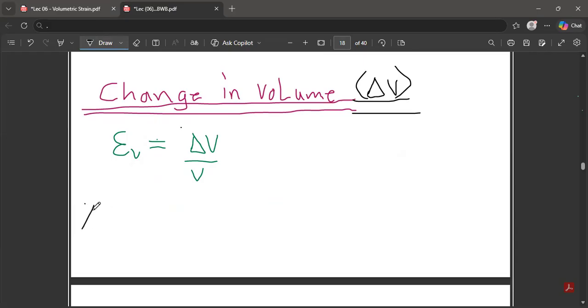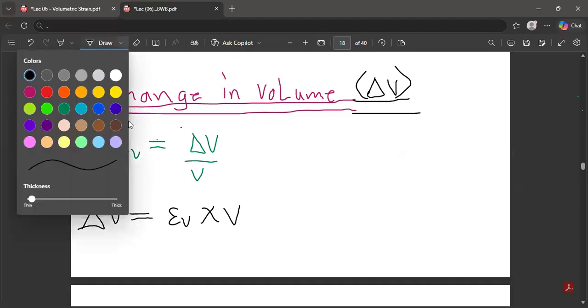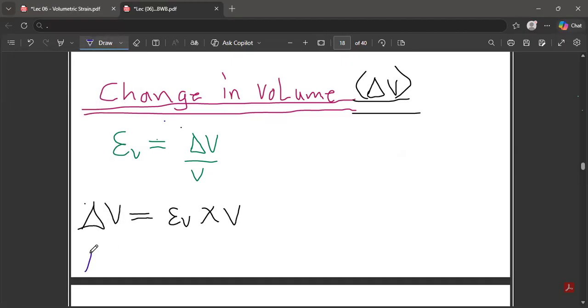So finally, our change in volume is equal to the volumetric strain times the volume. Back from whatever we worked so far, let's put our parameters into this and calculate our change in volume. Then we are done solving the problem.